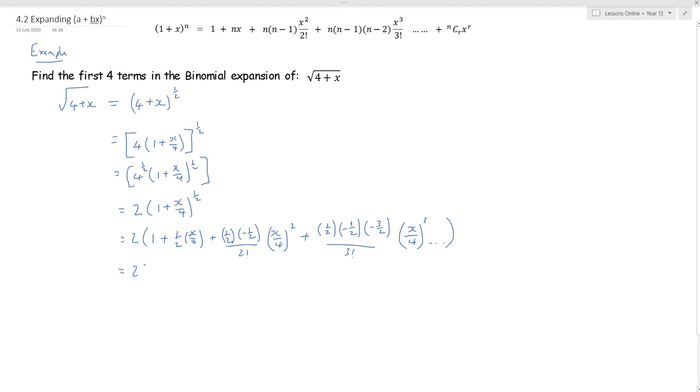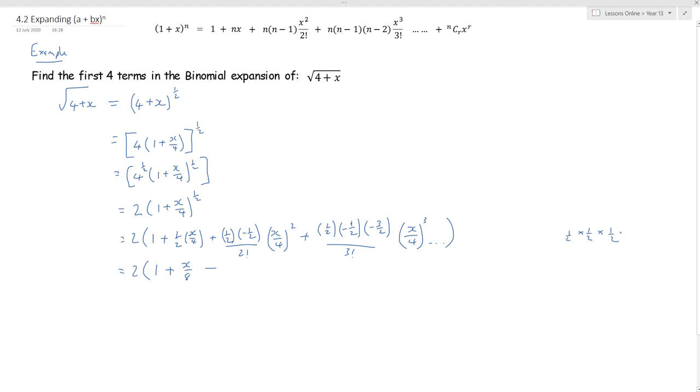So I've got 2 into 1 + x/8, an eighth of x, plus, well, let's have a look. I've got a negative here, so that's going to leave me with a negative. And remember, it's better if we work out our terms in the margin here. So if we've got a half times a half divided by 2 factorial, so that's going to be times 1/2.